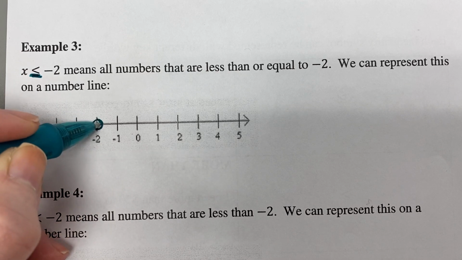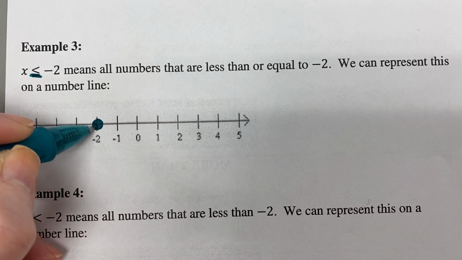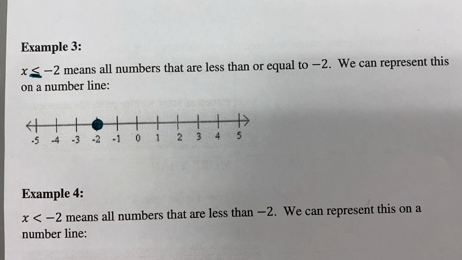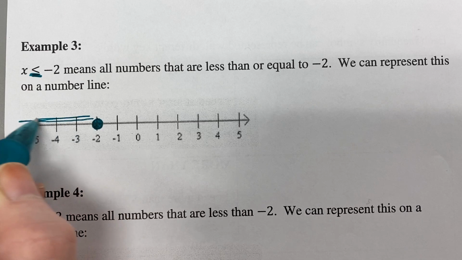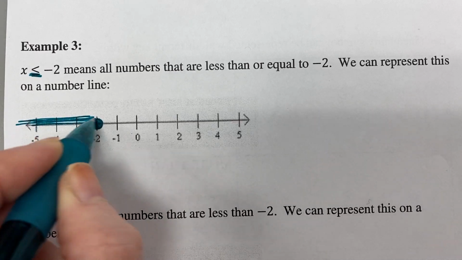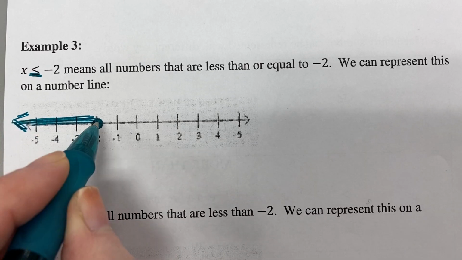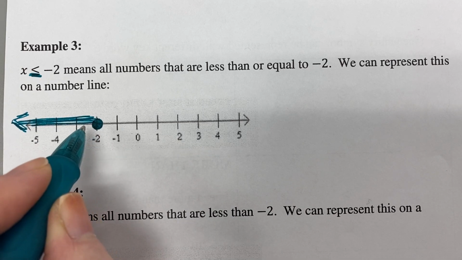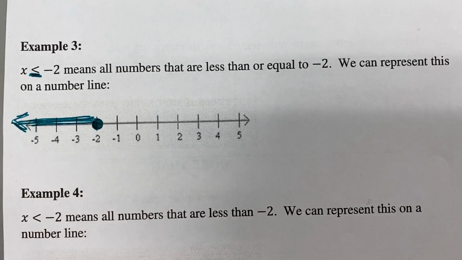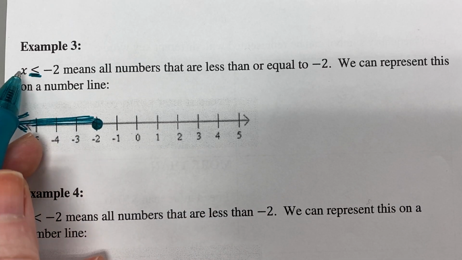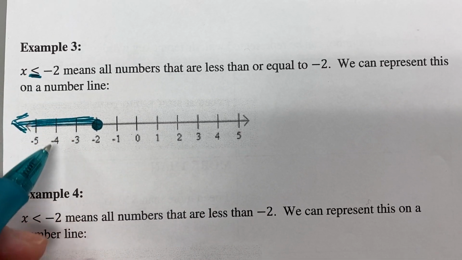I think we'll fill that in. When the equal to is there, we want to include it. And then we want to go less than. That would be back here. So anything on this shaded part going left, any number back here, negative 2, negative 3, negative 4, negative 5, negative 1,000, anything behind negative 2 is going to make this inequality true.